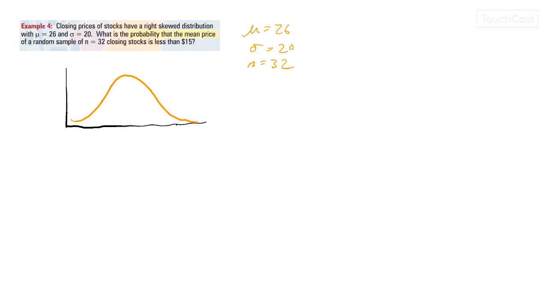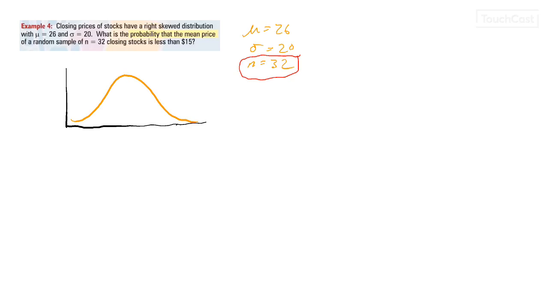Now the sample size is very important because it dictates whether or not we can do any more with this information. A sample size of less than 30 is not going to yield anything that approximates a normal curve. If our sample size is greater than 30, it's been proven that it will yield something approximately close to a normal curve if you look at the mean price of that random sample.